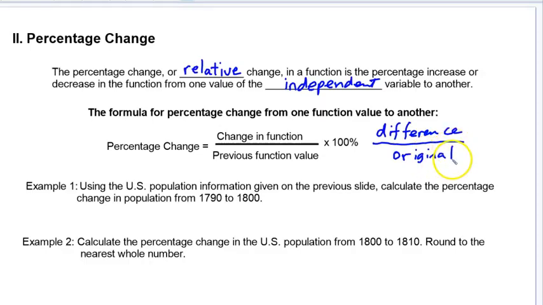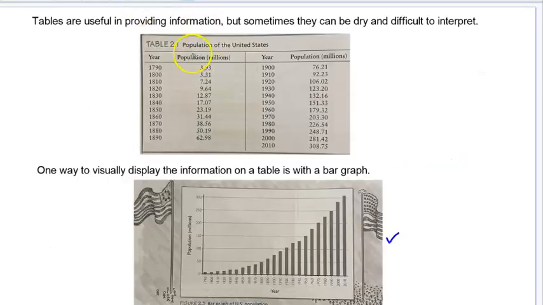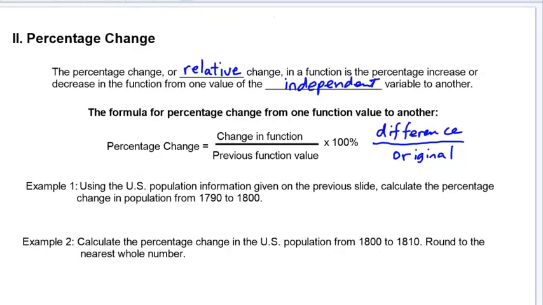Okay, so let me just illustrate what I mean by this, and then maybe that's a little bit easier to follow than this mathematical sounding function. Okay, so we're going to go back to our data. A lot of our problems are going to use this table of population in the United States, right? So let's just take a look at this table.